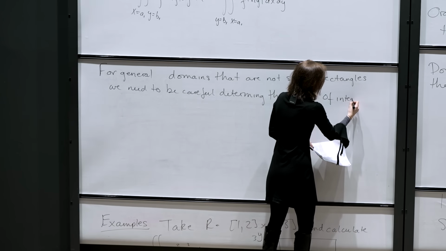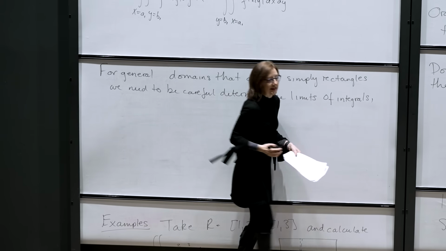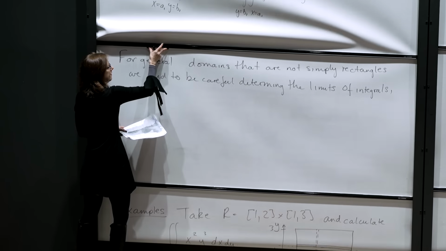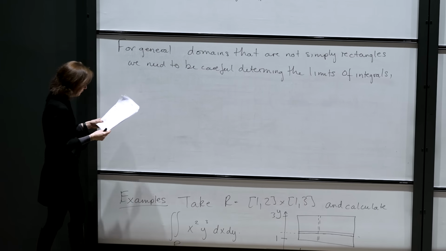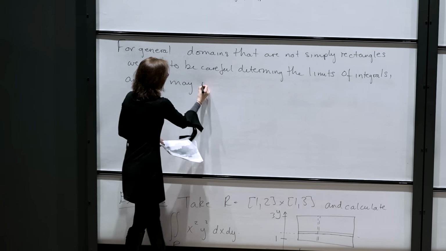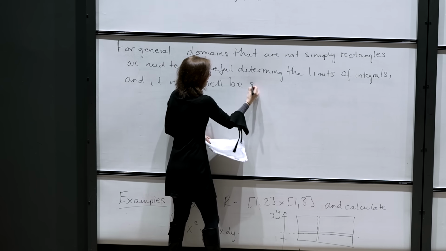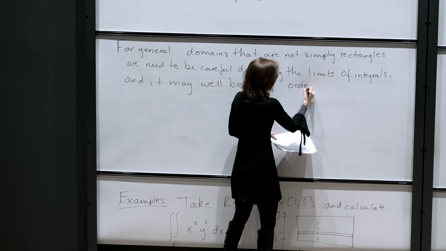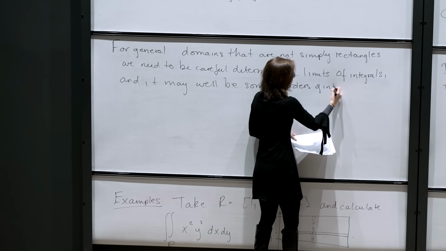And it might well be the case, and often is, that it's better to do the integration one way first and then the other way than the other order of integration. Some orders of integration are more sensible than others.